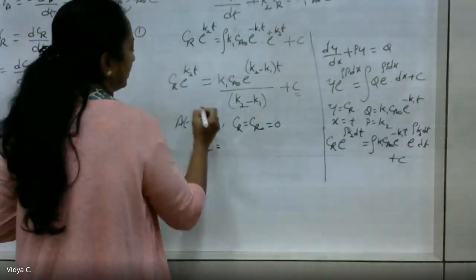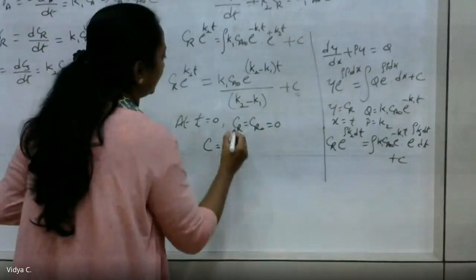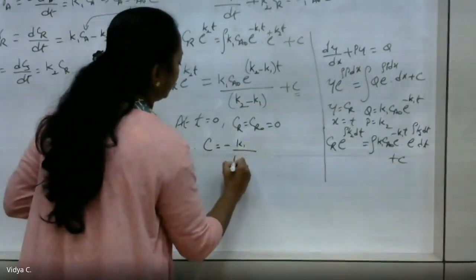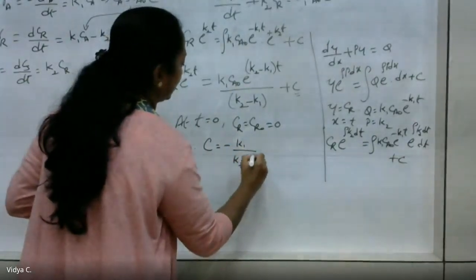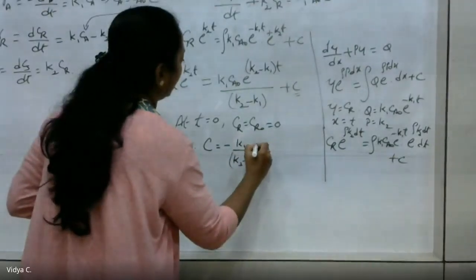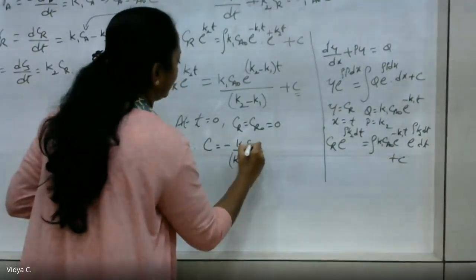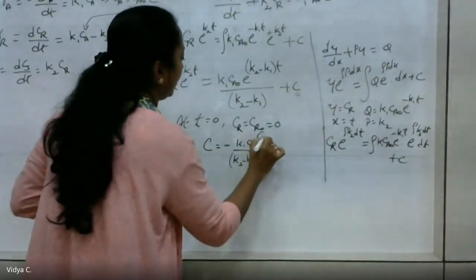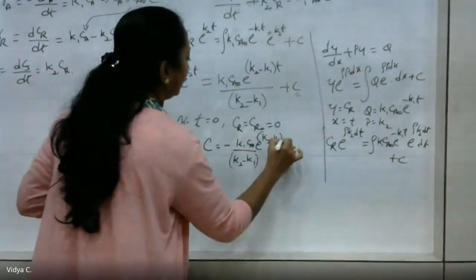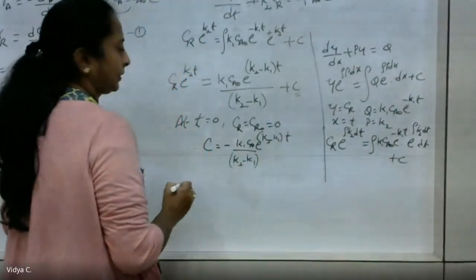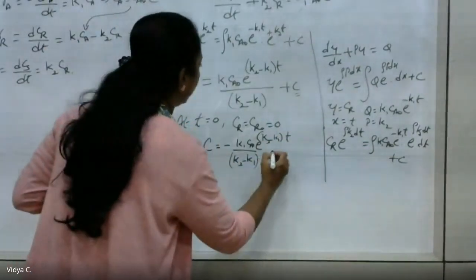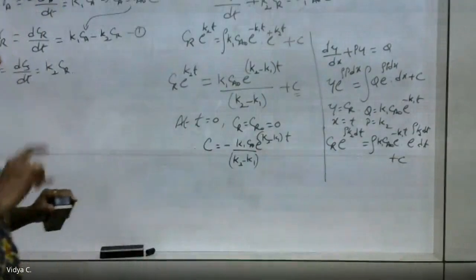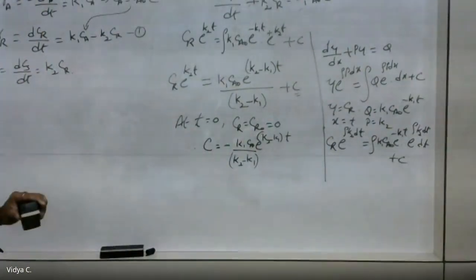This term will go to 0, so this will be minus K1 by (K2 minus K1) into CA naught. Or this can be written as, I'll just retain that. So we have got an expression for c.